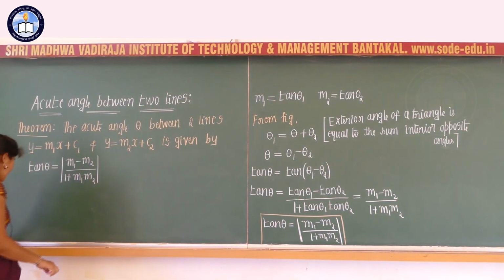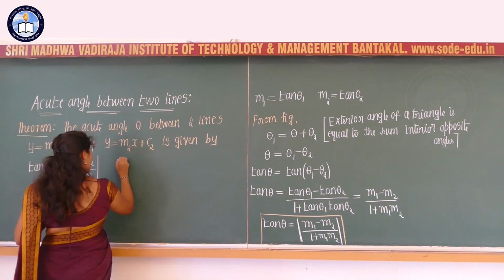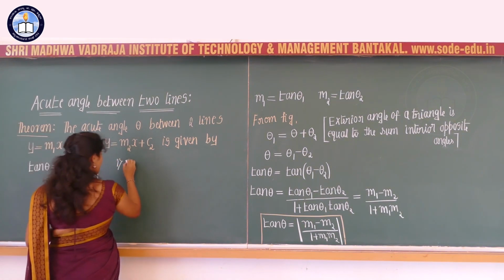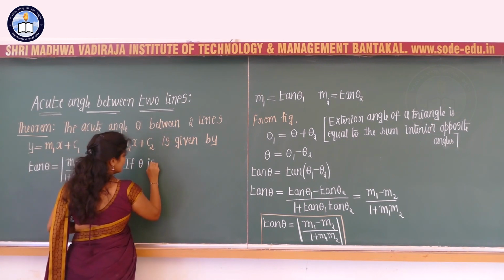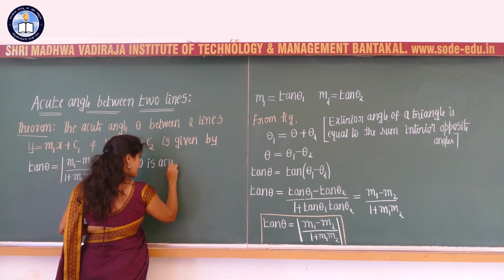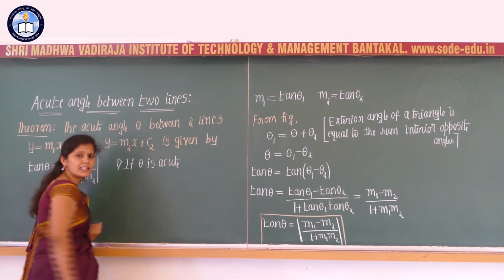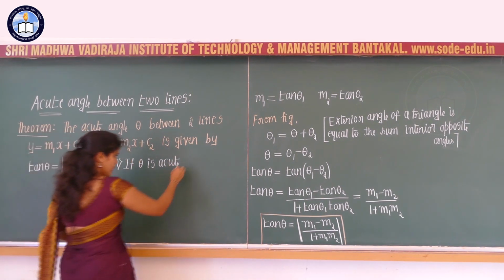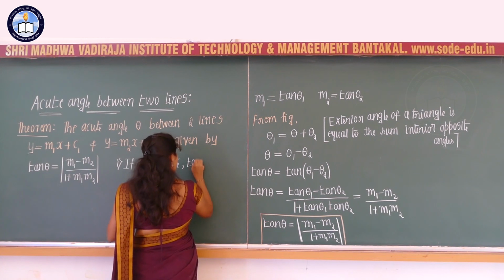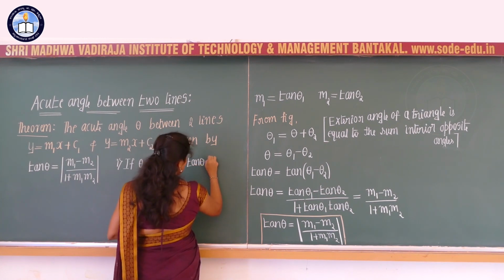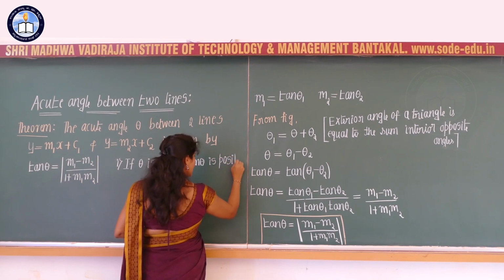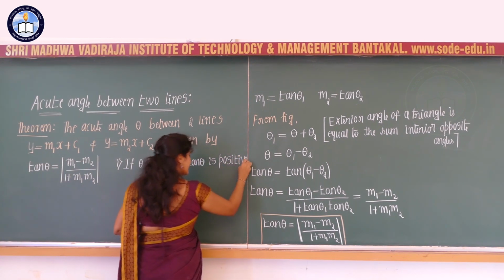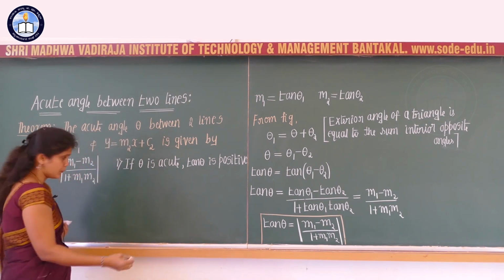The first point, you can consider this as a note: if theta is acute, so if theta is the acute angle between the two lines, then tan theta is a positive value.